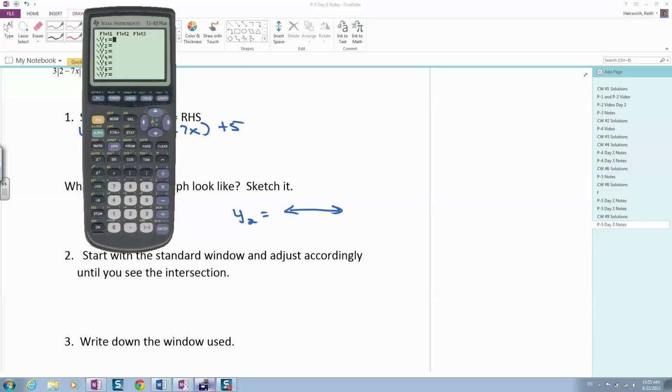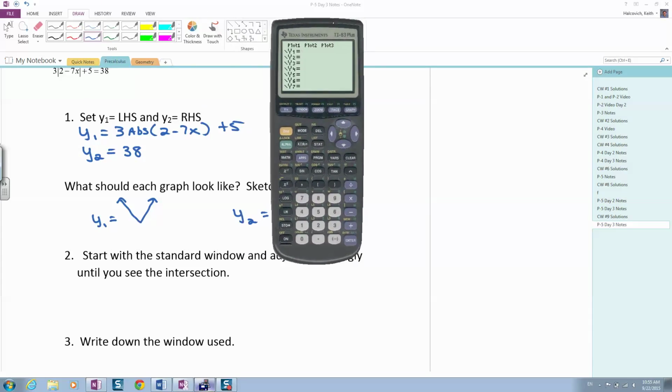So we have 3, and then we go math, numbers, absolute value, 2 minus 7x, parenthesis, plus 5, and then y sub 2 is 38. And then remember, we'll start with the standard window.